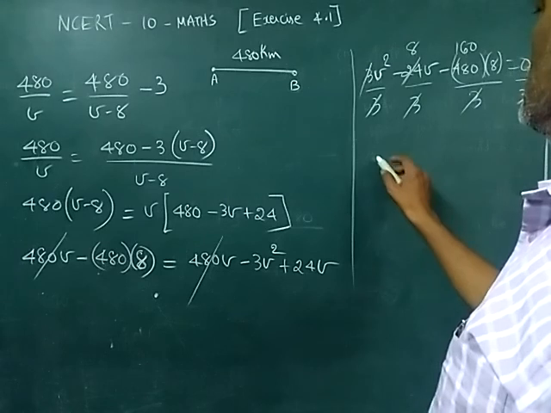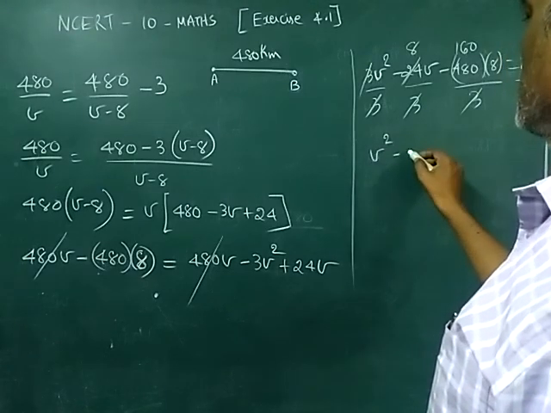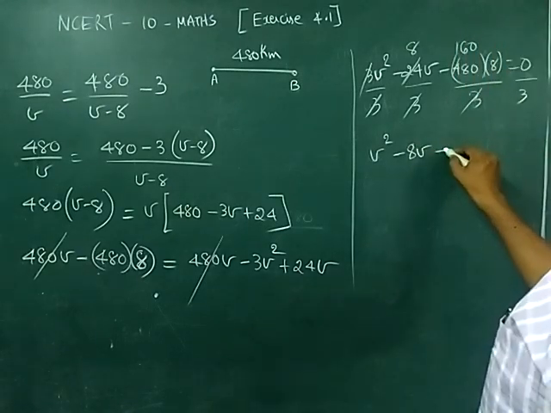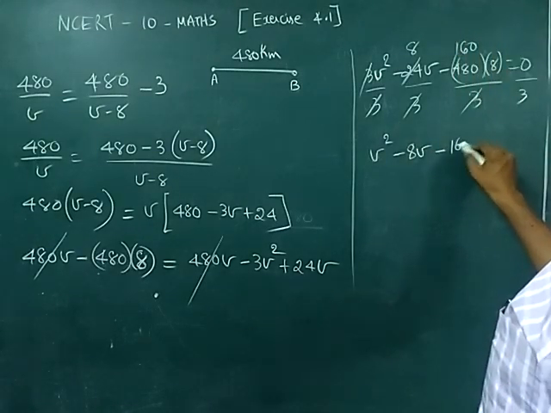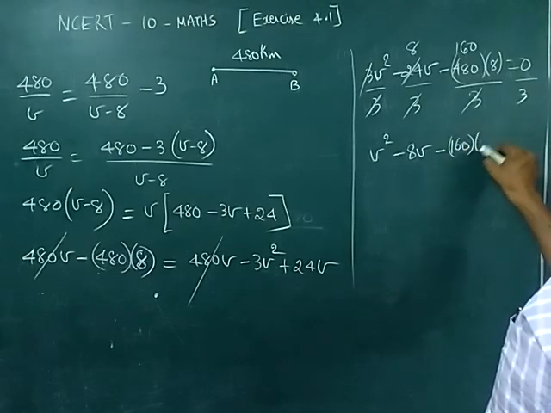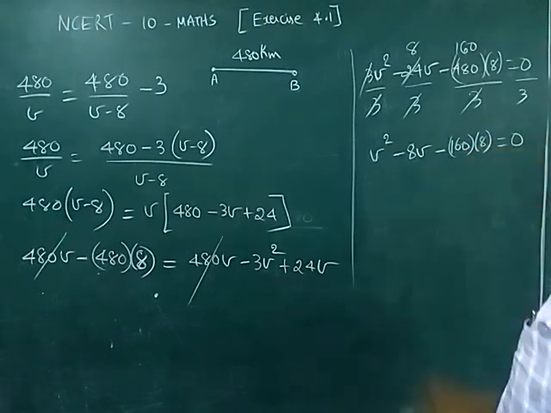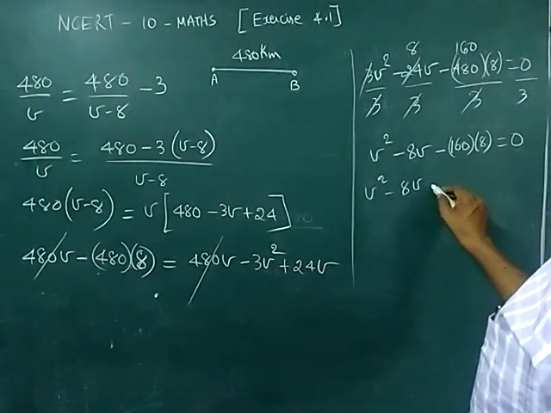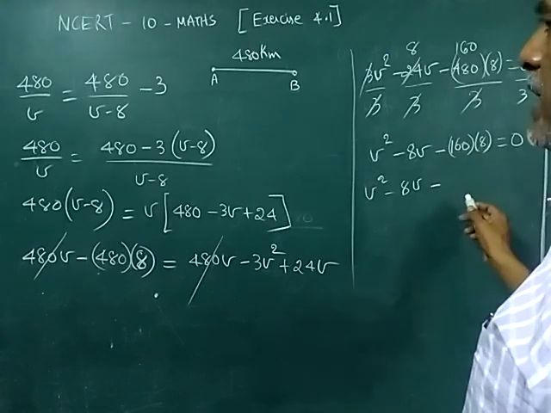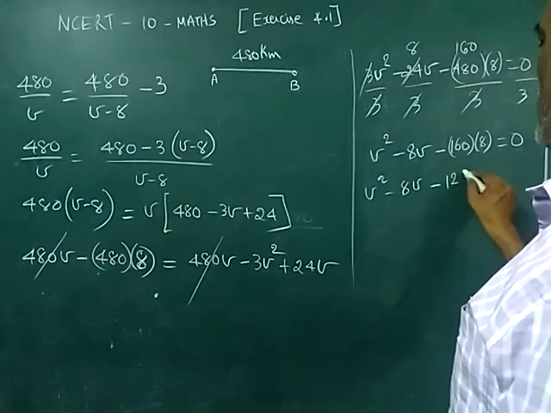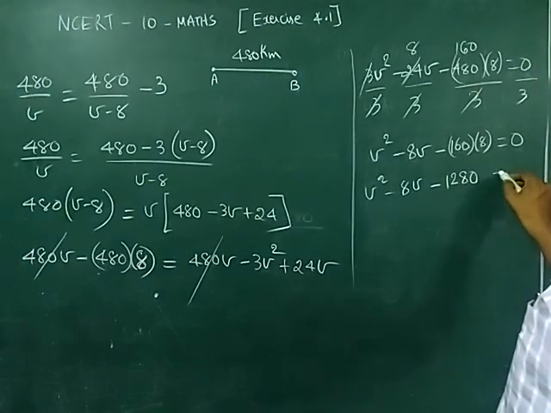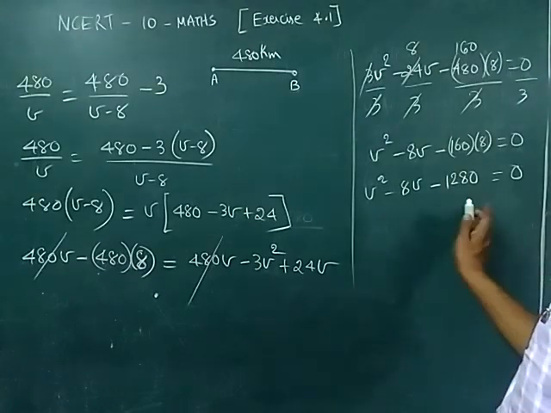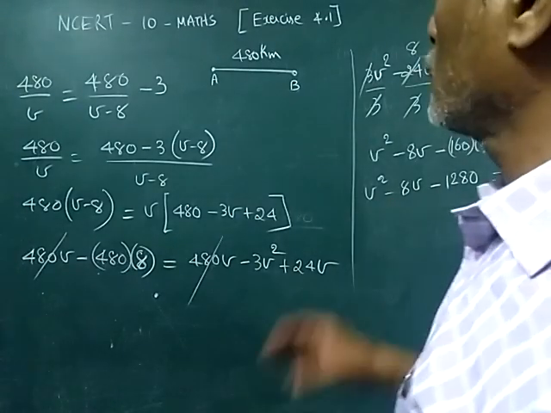That is V squared minus 8V minus 160 into 8 equal to 0. So this is nothing but V squared minus 8V minus 1280 equal to 0. So we have to factorize this quadratic equation.